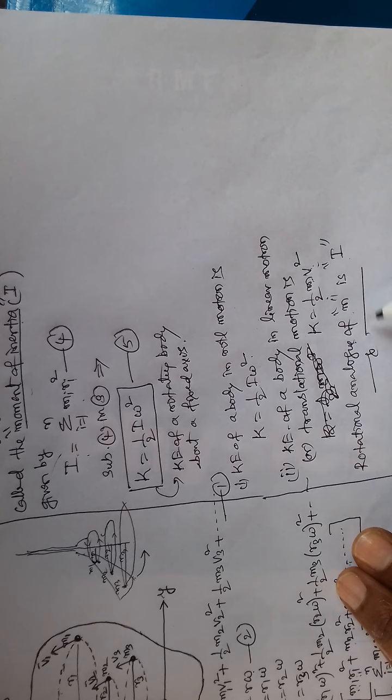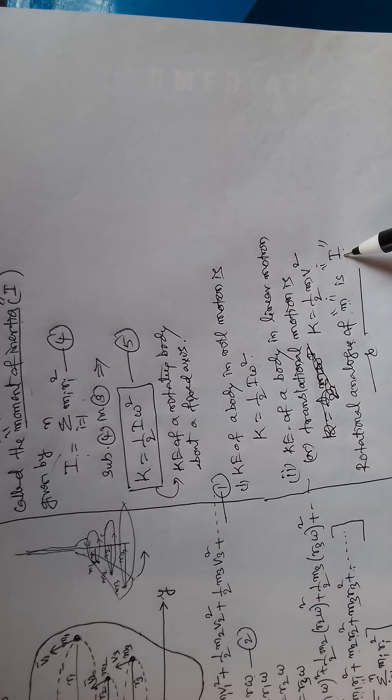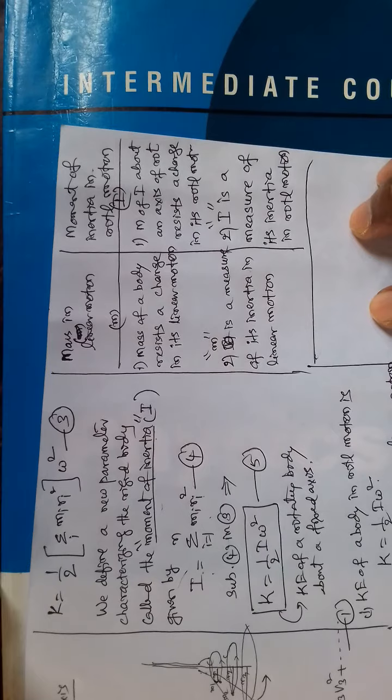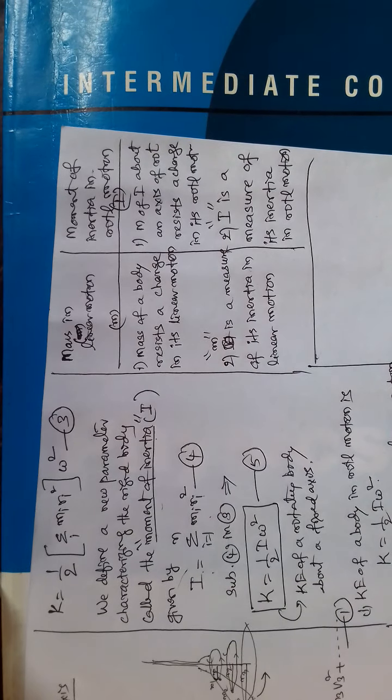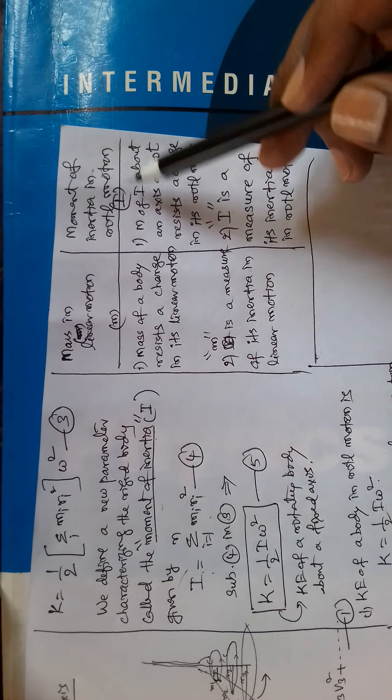See, now it is very interesting to compare mass and moment of inertia. Let us consider the physical significance of mass in linear motion and moment of inertia in rotational motion.